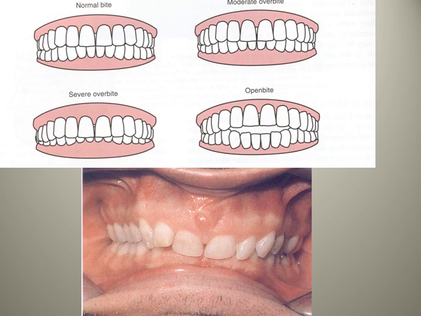The image above illustrates a normal overbite, moderate overbite, severe overbite, and an open bite. In this case, you can see that the overbite is so severe that the mandibular anterior teeth cannot be seen at all.